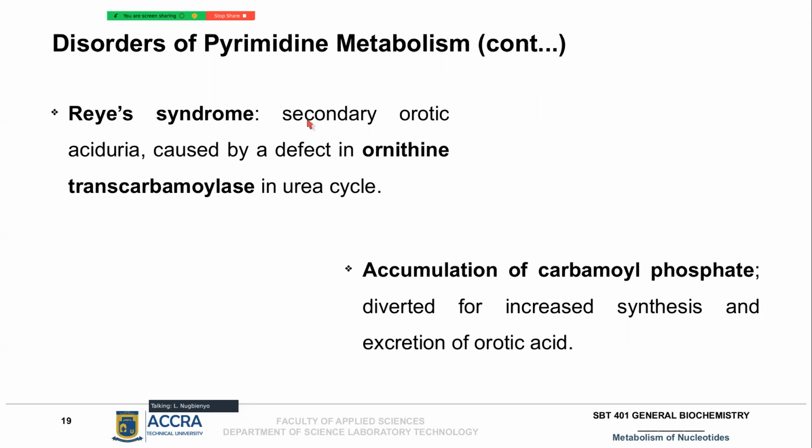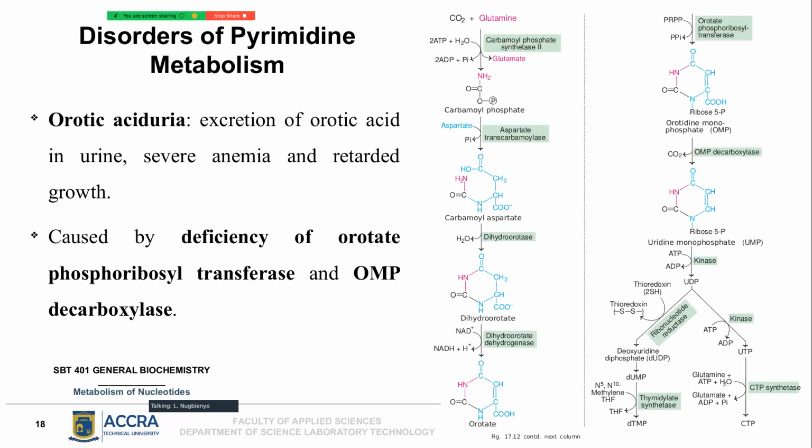But this one is referred to as a secondary orotic aciduria because it is not caused directly by these enzymes which are involved directly in the conversion of orotic acid, the orotate phosphoribosyltransferase and the OMPD carboxylase, which we were talking about when we discussed orotic aciduria.